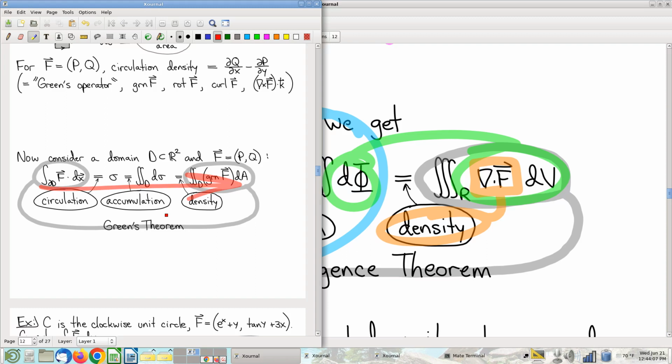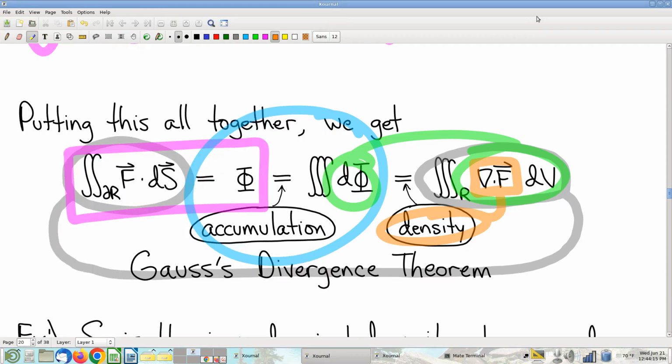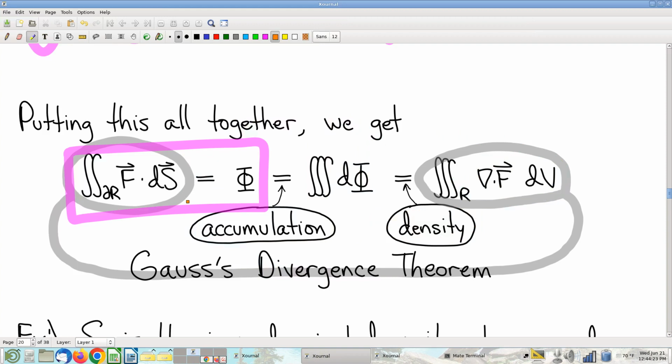Strategically, structurally, it's the same exact idea that created Green's theorem. It's just that we're applying it in a 3-dimensional context with a different accumulating quantity, and so we get a different result. Very powerful result.